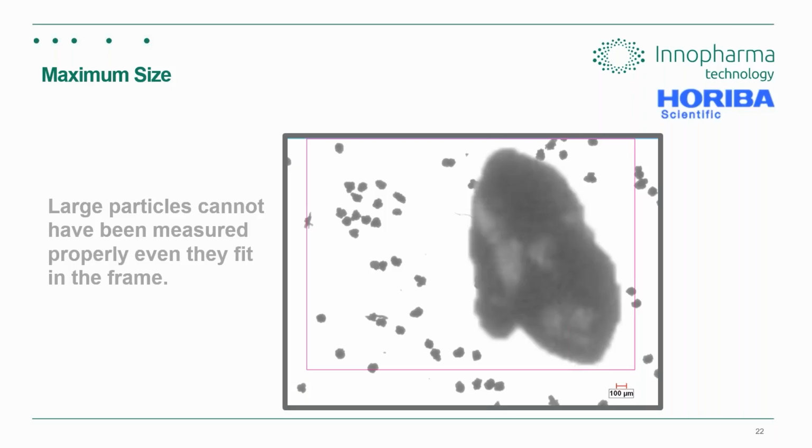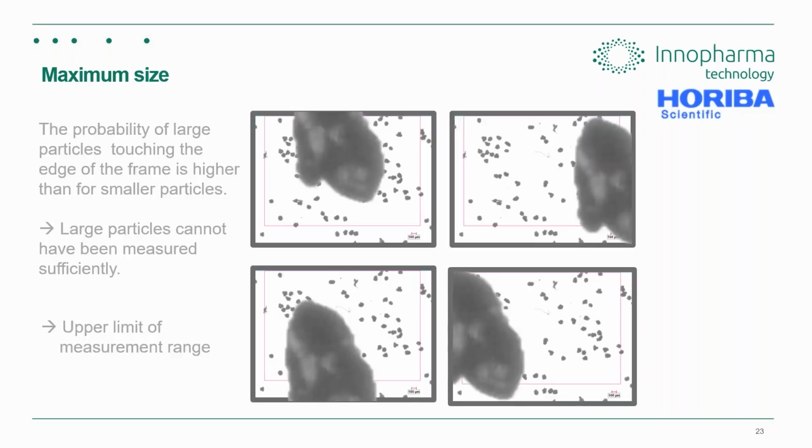So say you have an image area of 11.25 by 11.25, a general rule would be your maximum particle size would be 5.5 millimeters. The reason for that is mainly because larger particles take up more room, so there is a greater chance of them falling outside your imaging area. So you're not going to capture an image of those particles as often, and it's quite hard to fit them in.